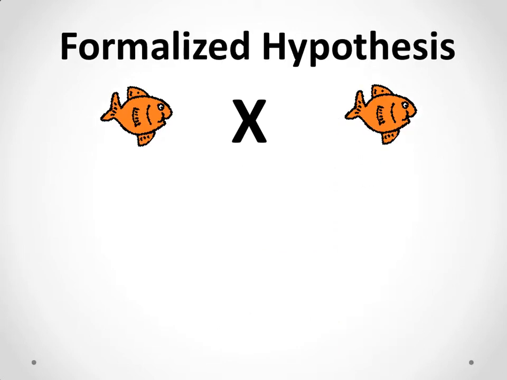Now it's time to take that simple hypothesis and write a formalized version. Remember, you need an if, and, then, and because statement to formalize this. Pause the video and write out your formalized hypothesis for this experiment, then compare your response to mine.